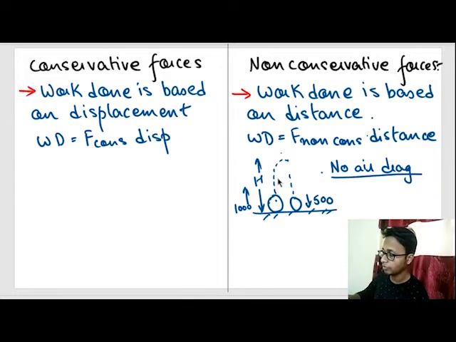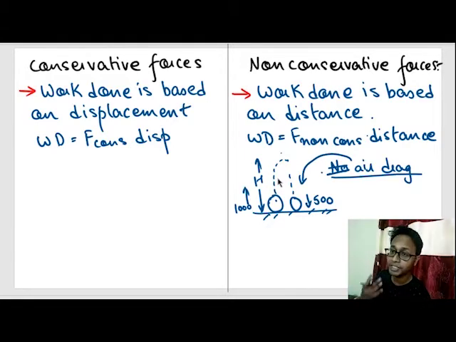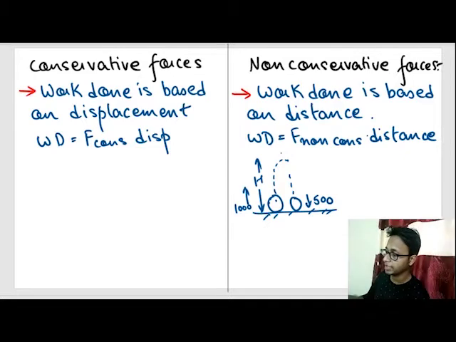But now, this air drag acts on this ball. The air drag is nothing but the friction force exerted by air. Okay, air drag is nothing but the friction force exerted by air. Now let's see. While going up, okay, gravity force is acting down.